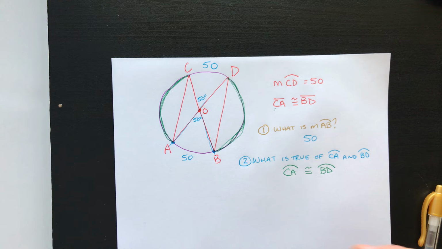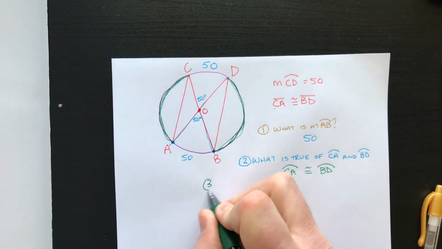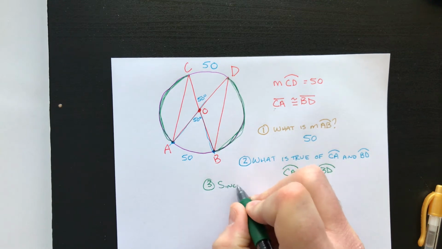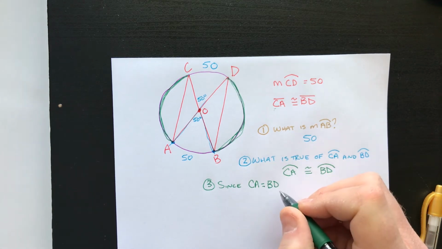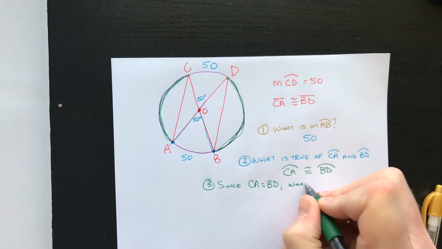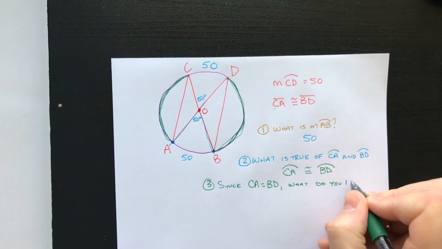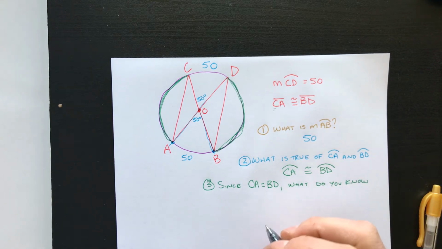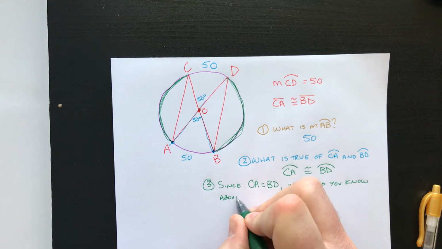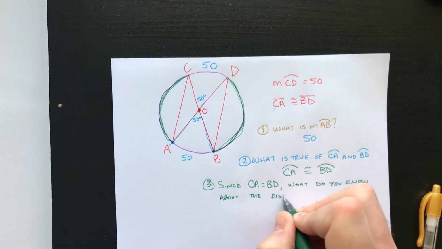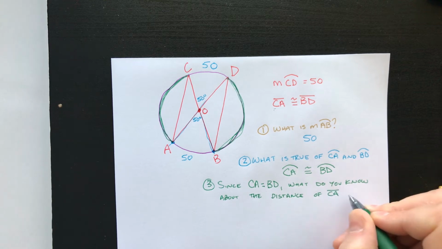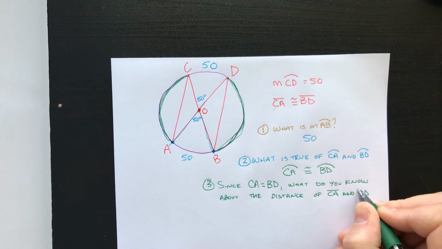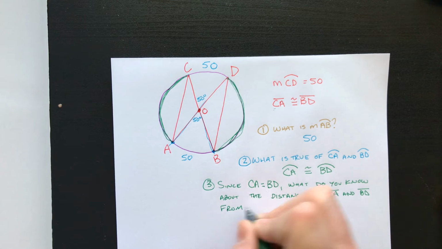So let's take a look at number 3. All right? Number 3 says, since CA is equal to BD, the lengths of those, what do you know about the distance of CA, and that's line segment CA, and line segment BD from the center?